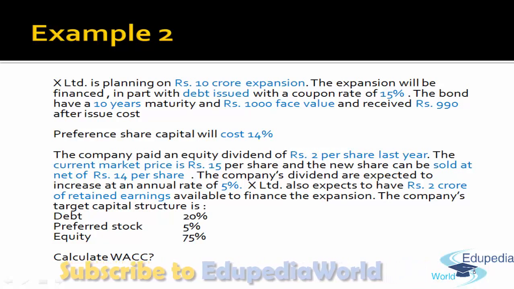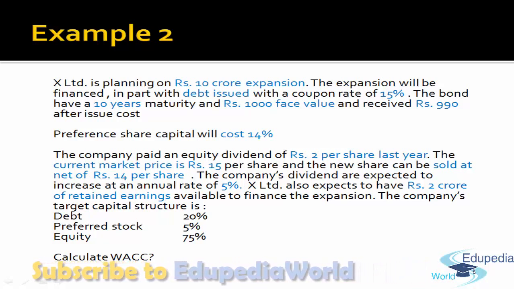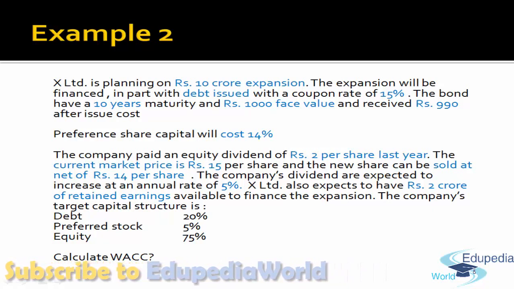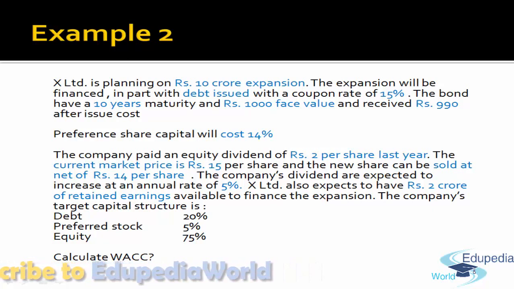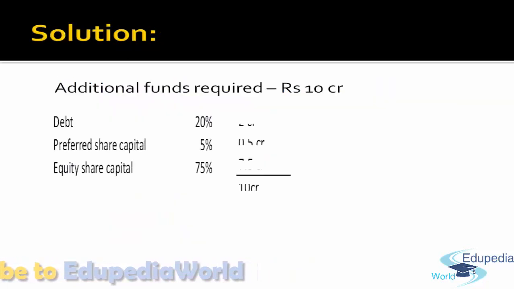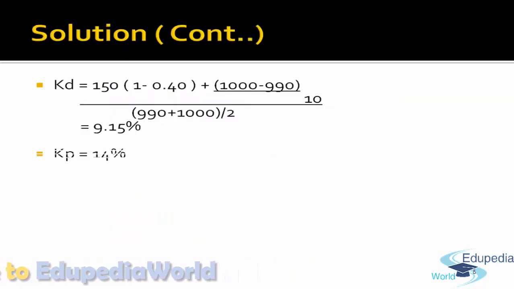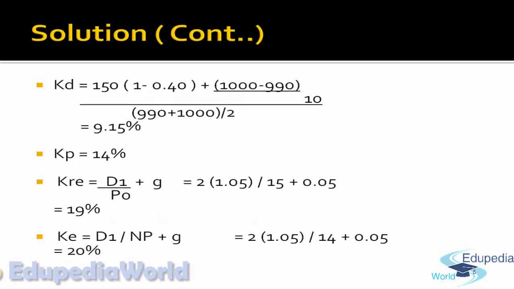So we are going to take rupees 14 as the denominator and not rupees 15, in order to compute cost of equity. So cost of retained earnings will be 19% and for cost of equity, what is the denominator? The denominator will be net proceeds, so 14. Cost of equity is 20%.